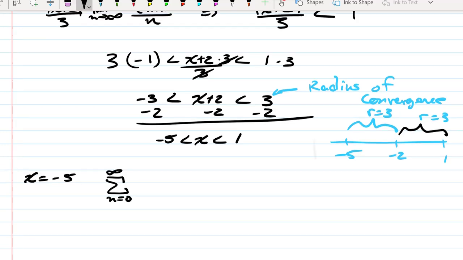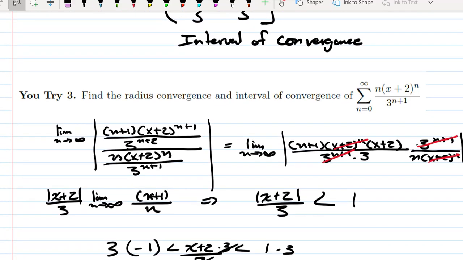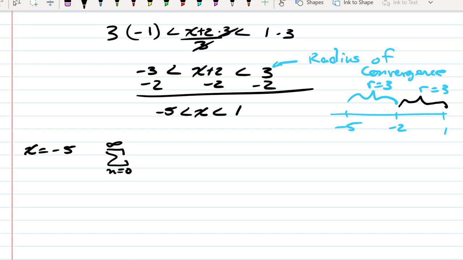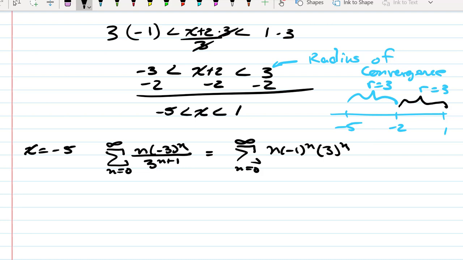that gives us the series as n goes from 0 to infinity. And if I put negative 5 in, that's going to be negative 5 plus 2 is negative 3. So we get n times negative 3 to the n all over 3 to the n plus 1. Well, separating that out, we're going to get n times negative 1 to the n times 3 to the n all over 3 to the n times 3.